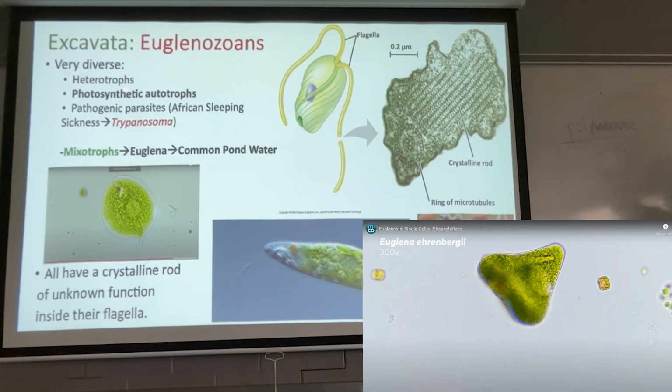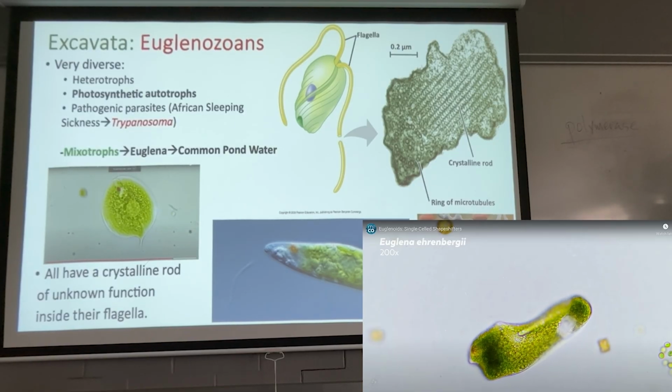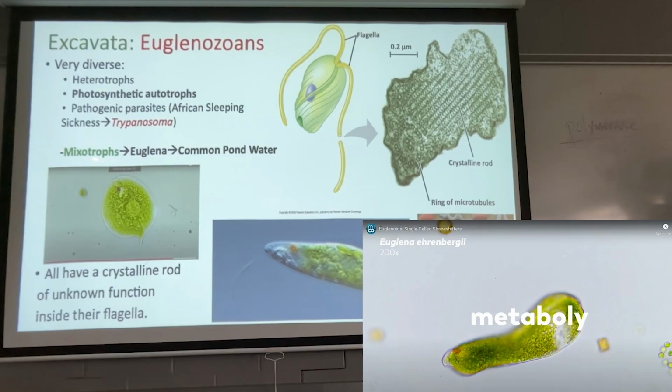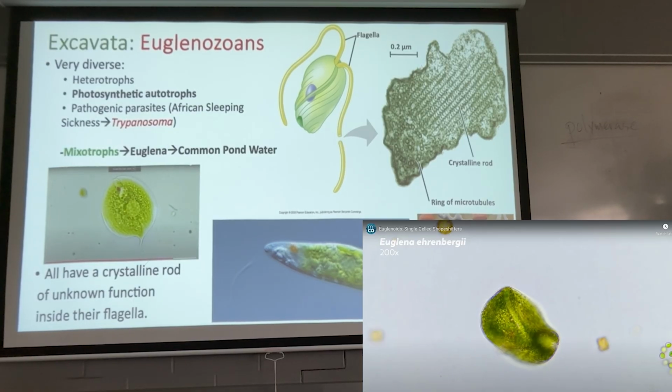Mostly heterotrophic, but there are autotrophs in here, photoautotrophs. There are actually a number of euglenozoans which are called mixotrophs. A mixotroph can use two or more nutritional modes. Euglena is a great example of this.